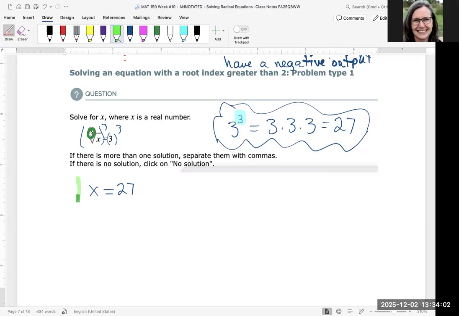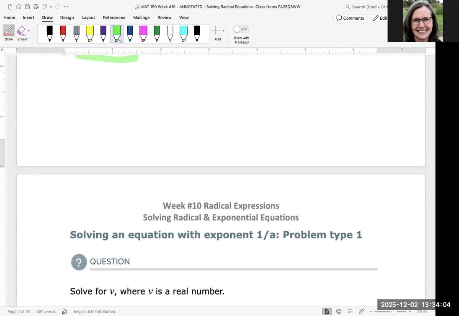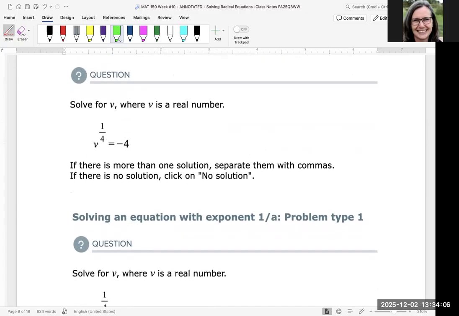All right, here we have v to the negative 1/4 power, so we can raise it to the 4th. It's the one we just did. We would end up with v is 256, but if we plug it back in, we would find out it's not possible.